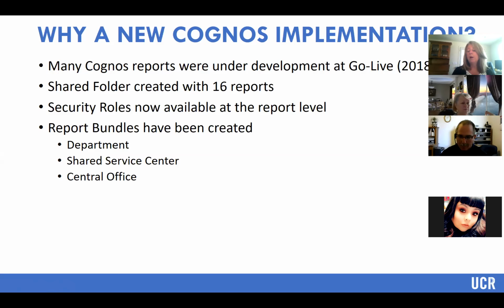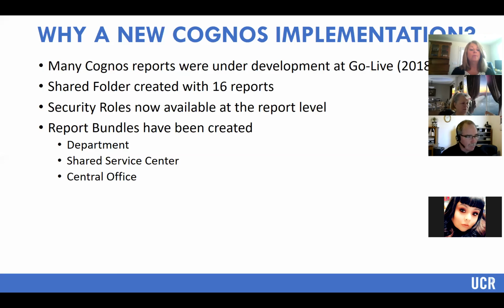It was a one-off only for UCR, and it became increasingly difficult for UC Path and the Cognos team to maintain. So as fixes came into the reports, they kept forgetting to go back to the shared folder and correct the ones that are in this area.